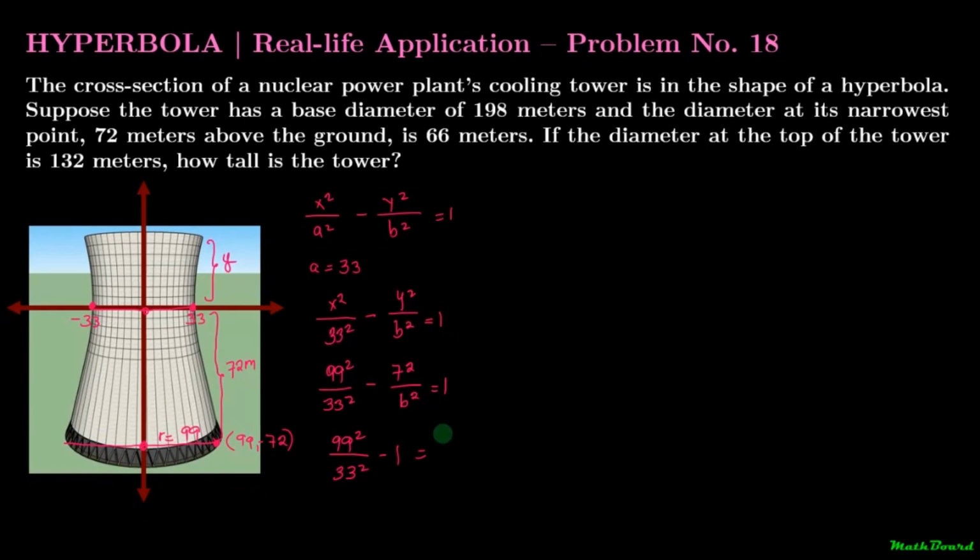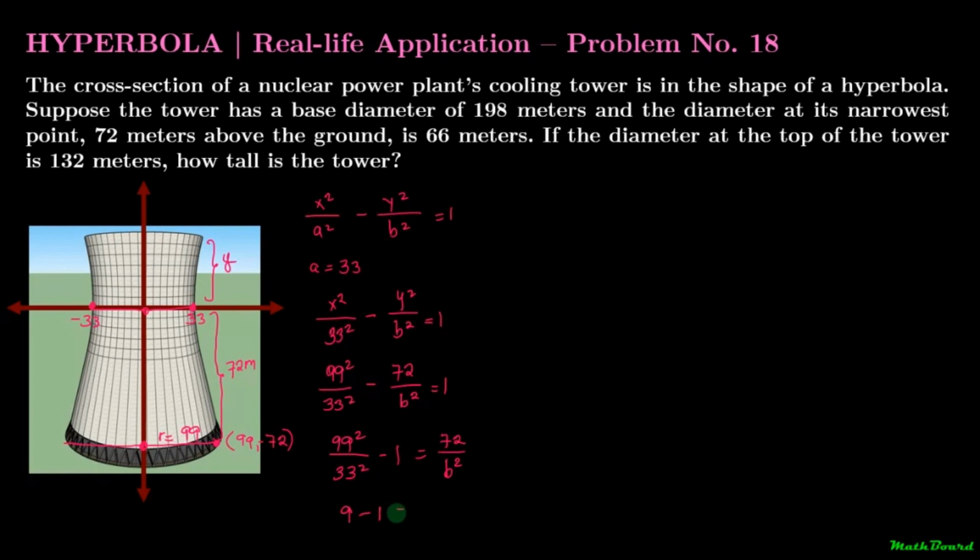Magiging negative 72 over b squared, magiging positive siya. Para hindi tayo malito, 72 over b squared. Then, 99 squared divided by 33 squared, yung sagot dyan, 9.